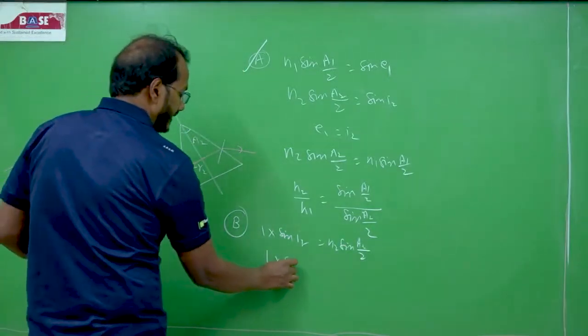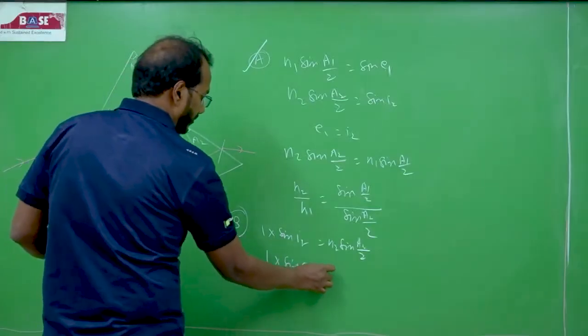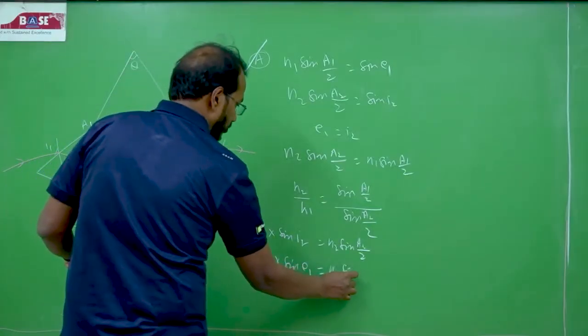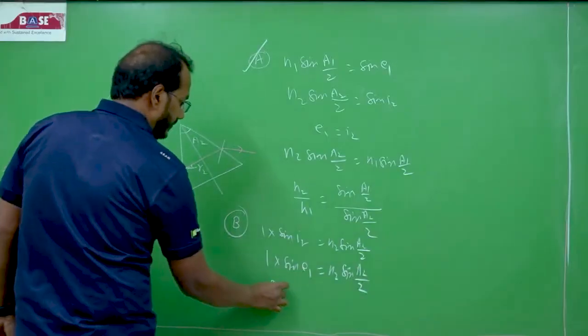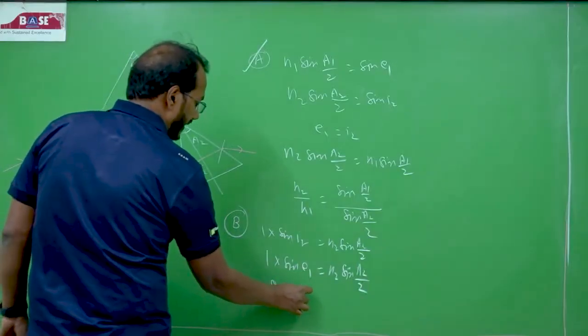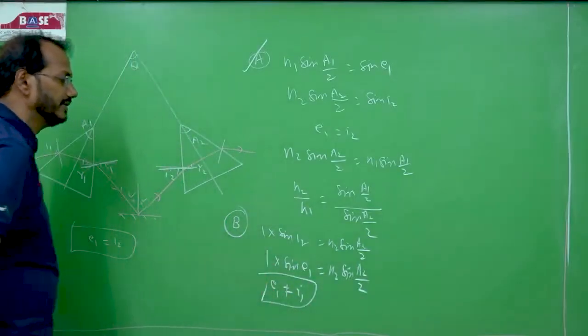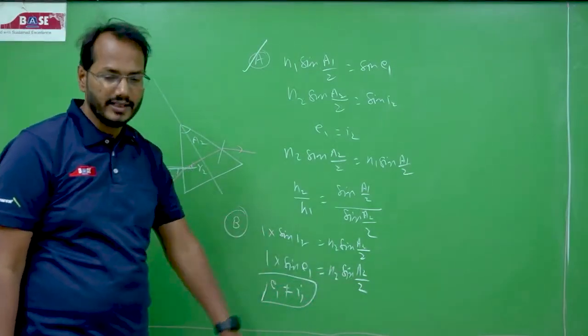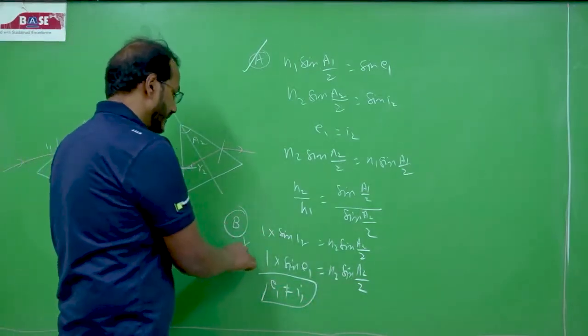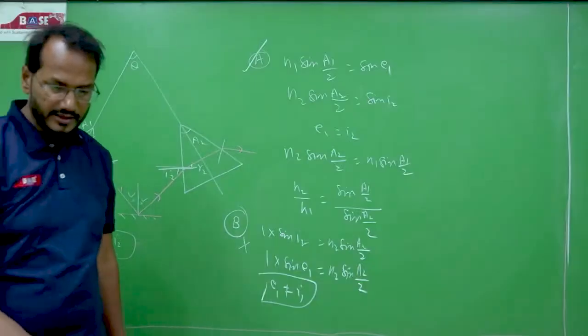So 1 into sine E1 is equal to N2 sine A2 by 2. And E1 is not equal to I1 because it is not the condition of minimum deviation. So sine I1 does not equal N2 sine A2. So B is incorrect.